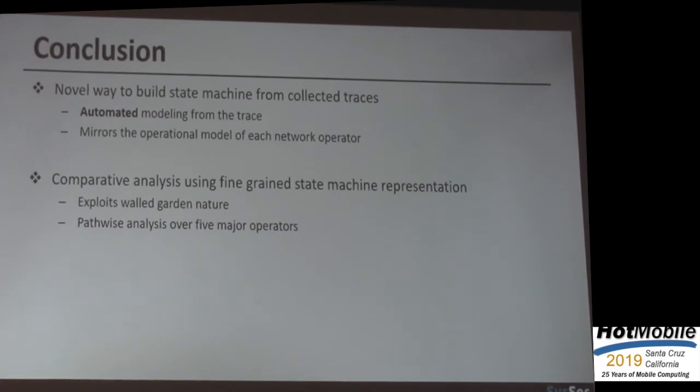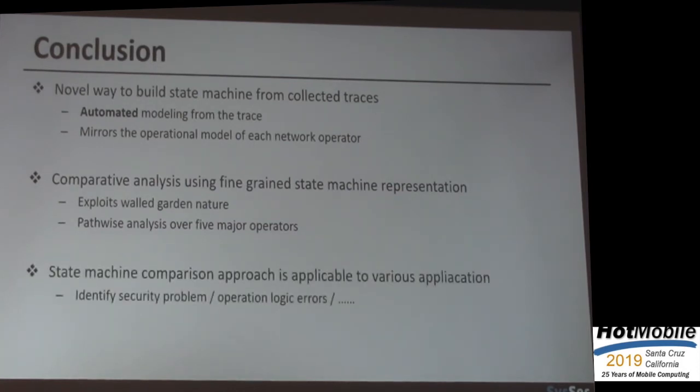As an initial stage, we conducted pathwise analysis over 5 operators and found 38 LMIs, which deserve further investigation. We believe that we can devise more interesting comparative analysis with the state machine, including security and operation logic errors. And these deserve further investigation too.